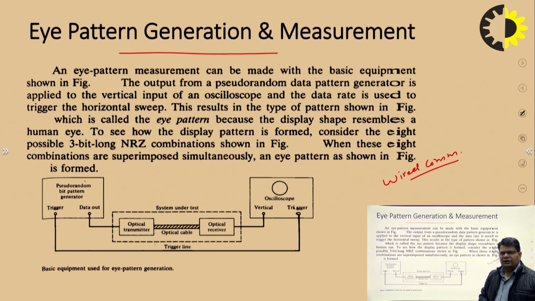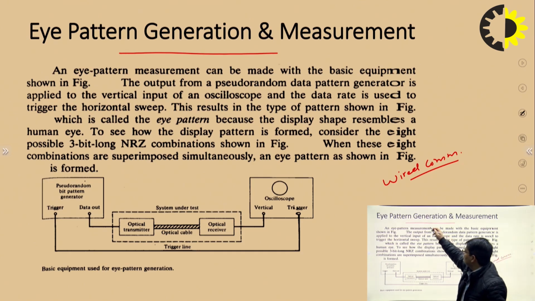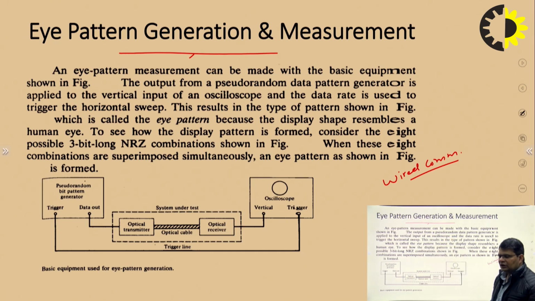Any wired communication system that needs to be analyzed for performance, for that we can generate this eye diagram or eye pattern by simply connecting this wired communication system signal over the standard BER test equipment. Standard BER test equipment.